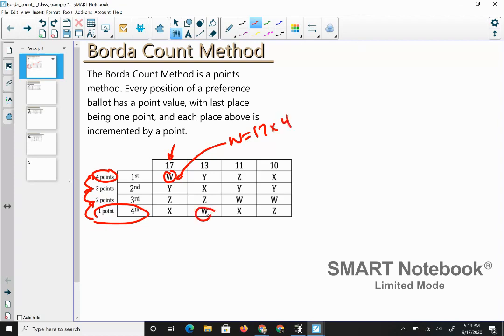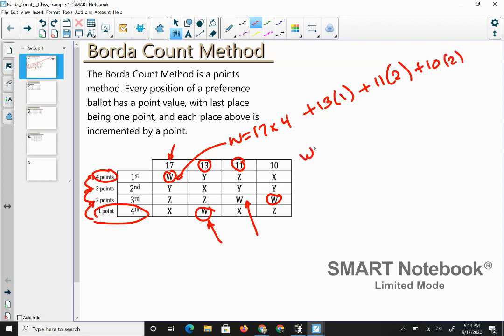And then over here, you would say candidate W is getting 13 votes at 1 point. So we would add that to it, 13 votes times 1 point. And then we would take candidate W here, 11 votes at 2 points. So we would add 11 times 2. And then candidate W here gets 10 more votes at 2 points.